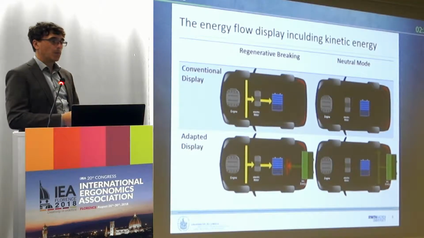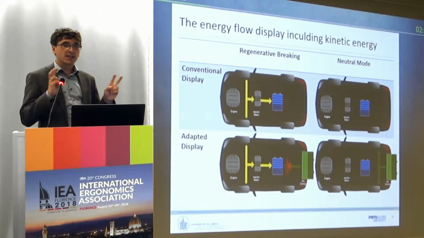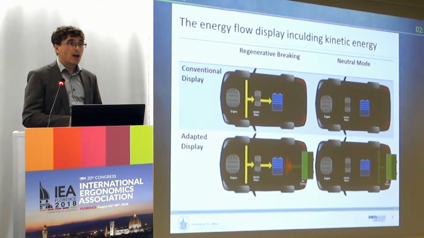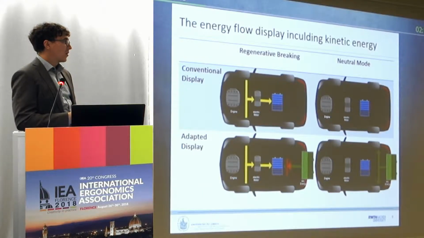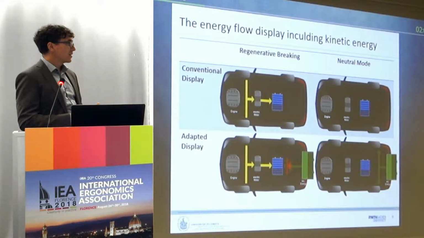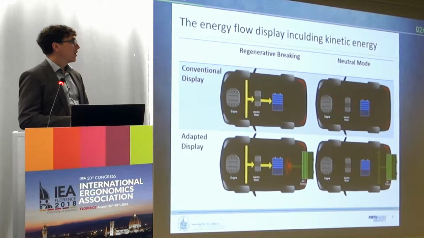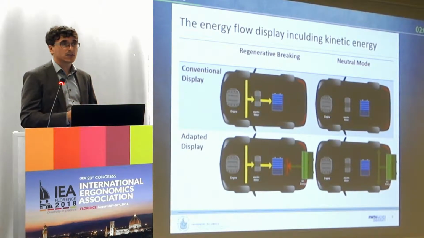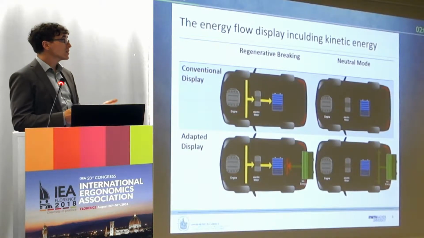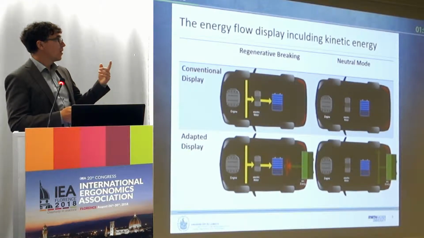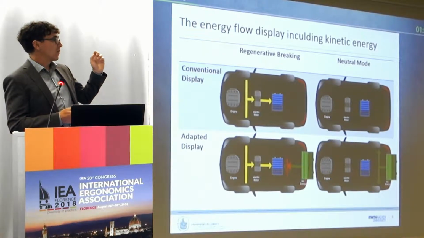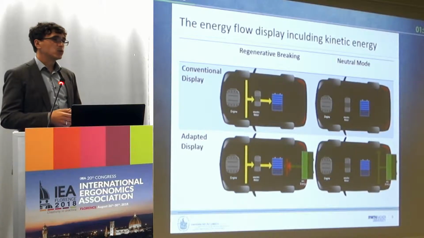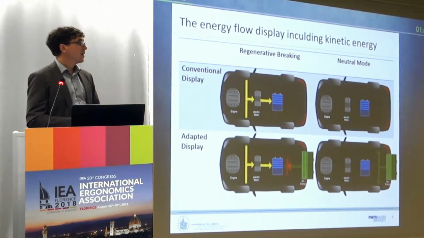So we thought about, why not add something like a kinetic energy battery as a very first idea to this interface, and also show that if you decelerate, this kinetic energy isn't put one-to-one into the battery, but there are losses, energy conversion losses. And this might also help so that people no longer view regenerative braking as very efficient, but rather tend to perceive neutral mode, so neutral gliding, as more efficient.